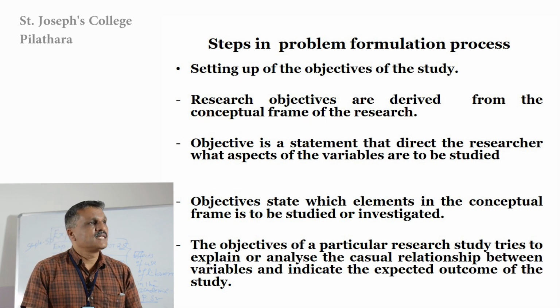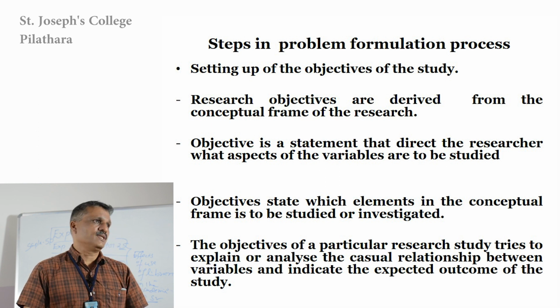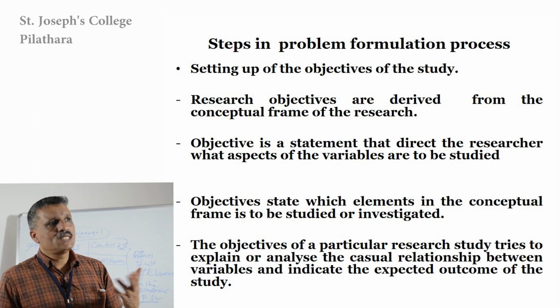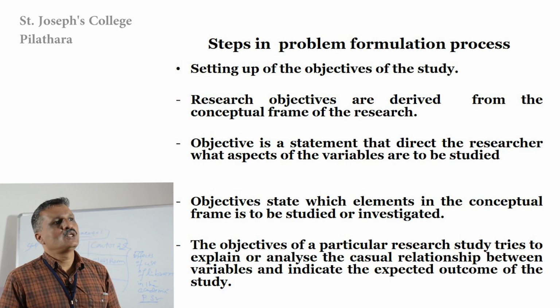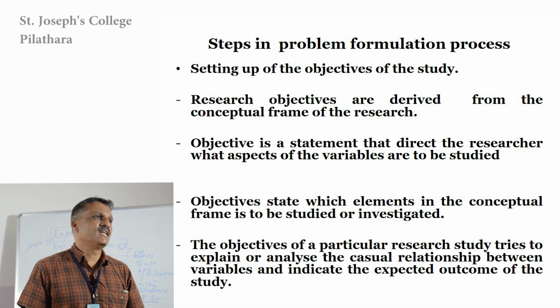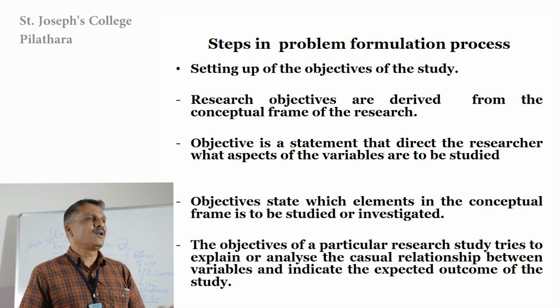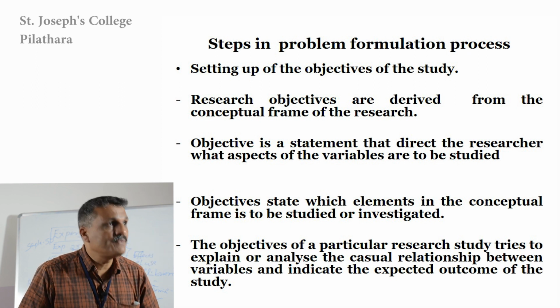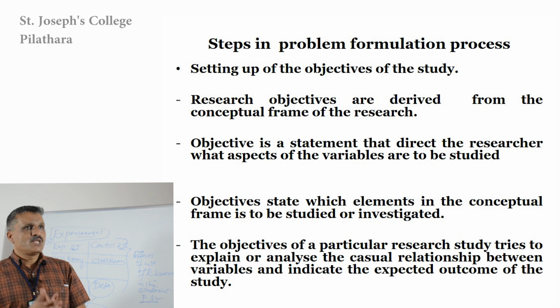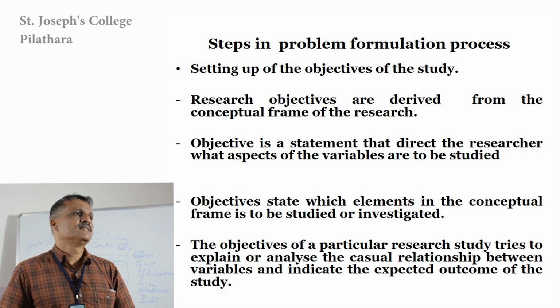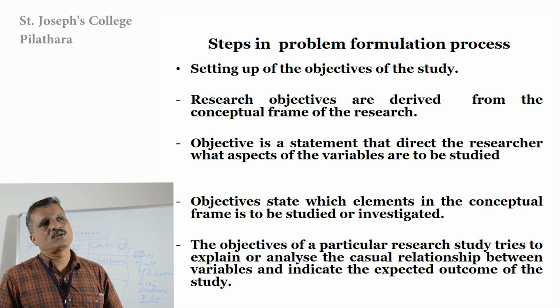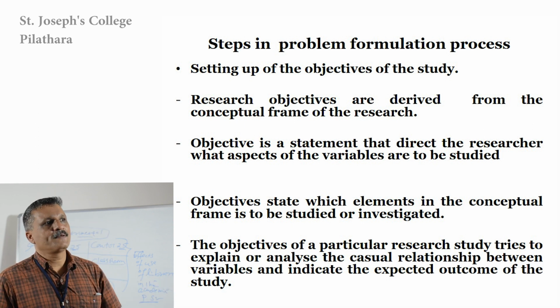Then coming to the next step, objective setting. What is an objective in a study? We have two types of objectives in general. One is the general objective and the other is specific objectives. Research objectives are derived from the conceptual framework of the research that we have seen already.